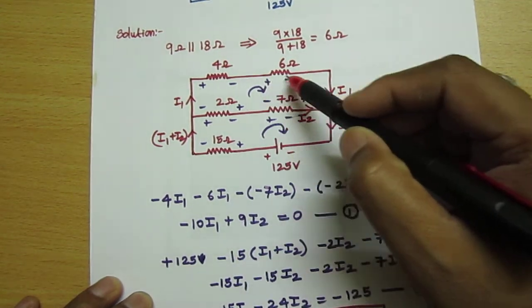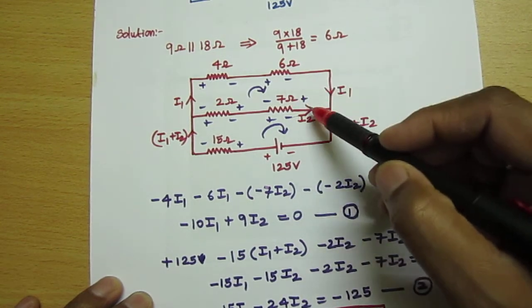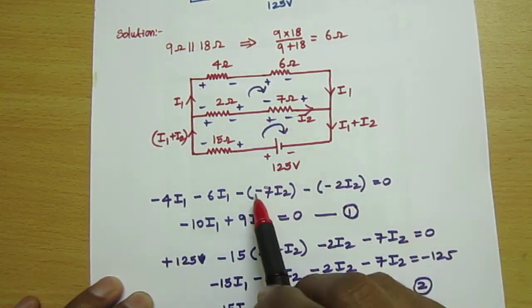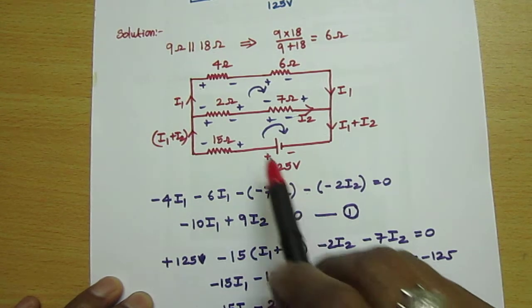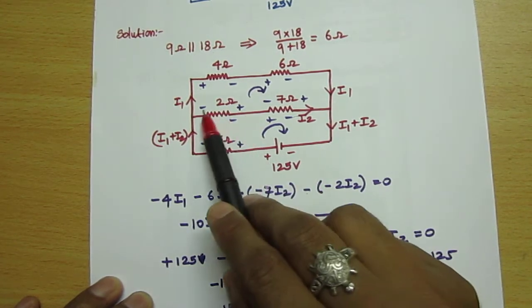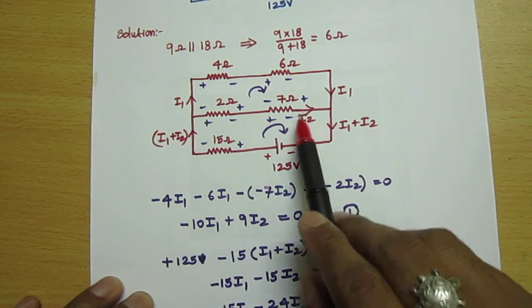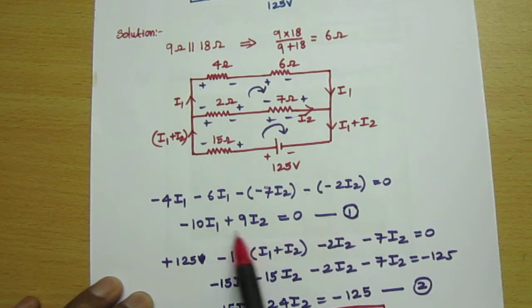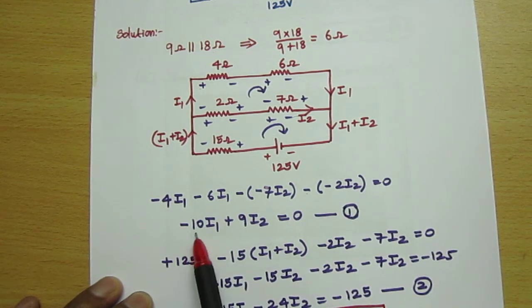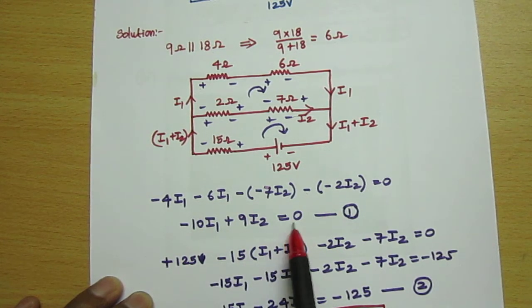Actually we are taking the clockwise direction, but this branch is opposite, so minus 7 I2, and minus 2 I2, equal to 0. If you simplify, you get minus 10 I1 plus 9 I2 equal to 0.